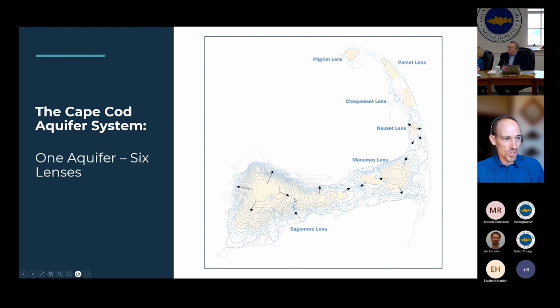Hopefully this shows that if you're in Provincetown, getting water from the Pilgrim lens, you're not going to pull water from the Sagamore lens, because it would have to flow essentially uphill here, and it would have to do that on five different occasions. But I think it is challenging, given some of the terminology around it, to really make that point clear.